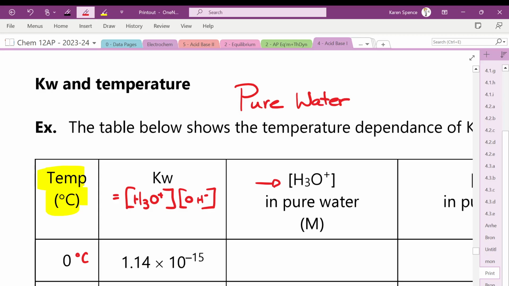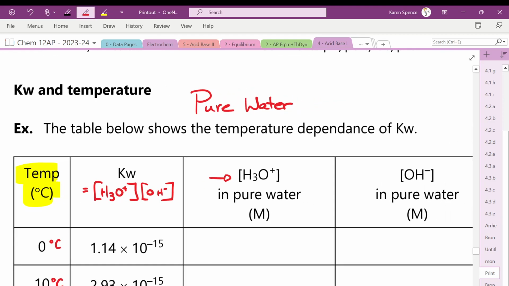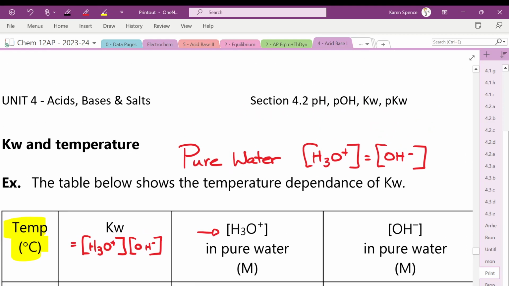And if we're dealing with pure water, what do we know? Hydronium is equal to? Yes. So watch this.